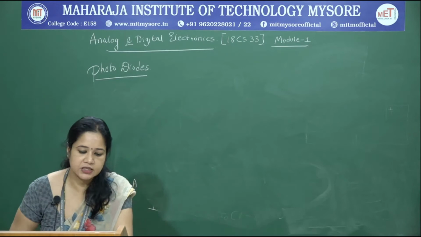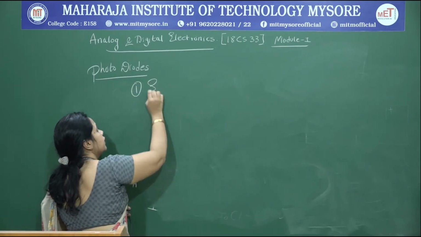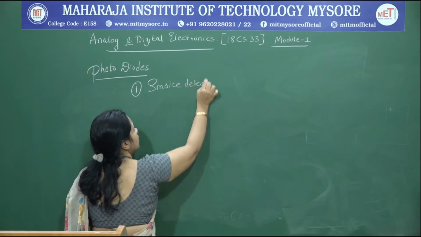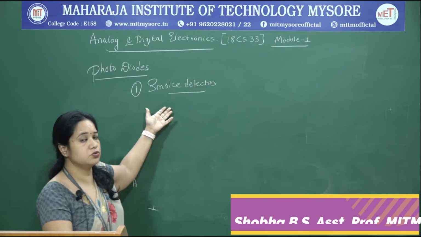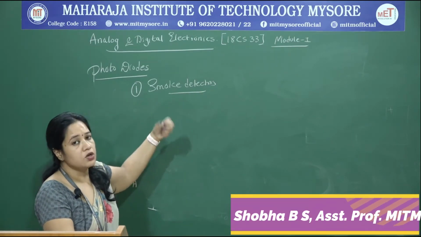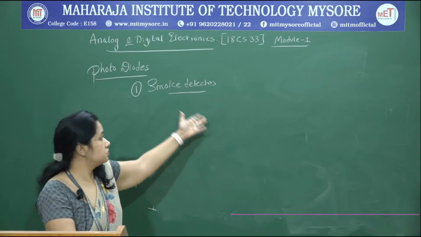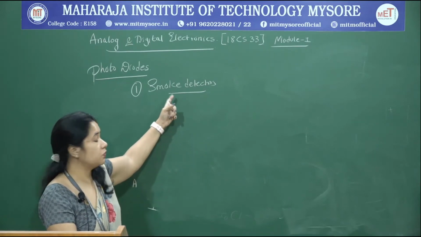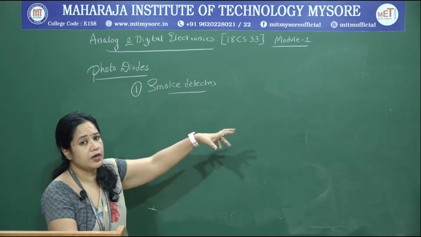Very first, it is used in electronic devices like smoke detectors. What are smoke detectors? They are used as fire detectors. You sense the smoke present, and accordingly the light intensity, which is proportional to the fire or smoke, is converted into electrical energy.